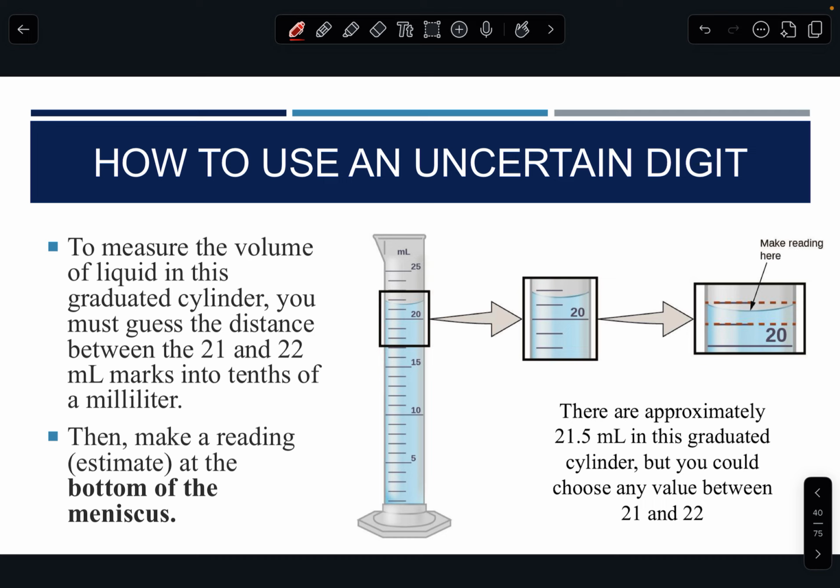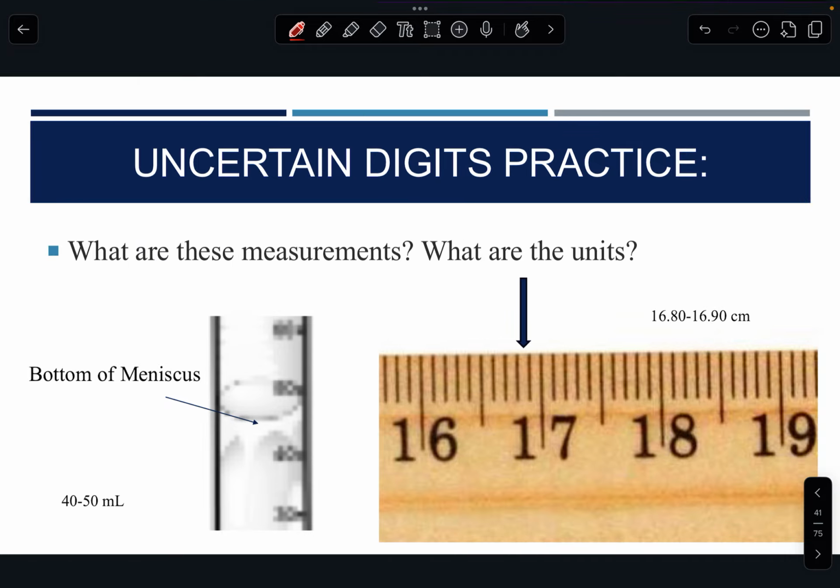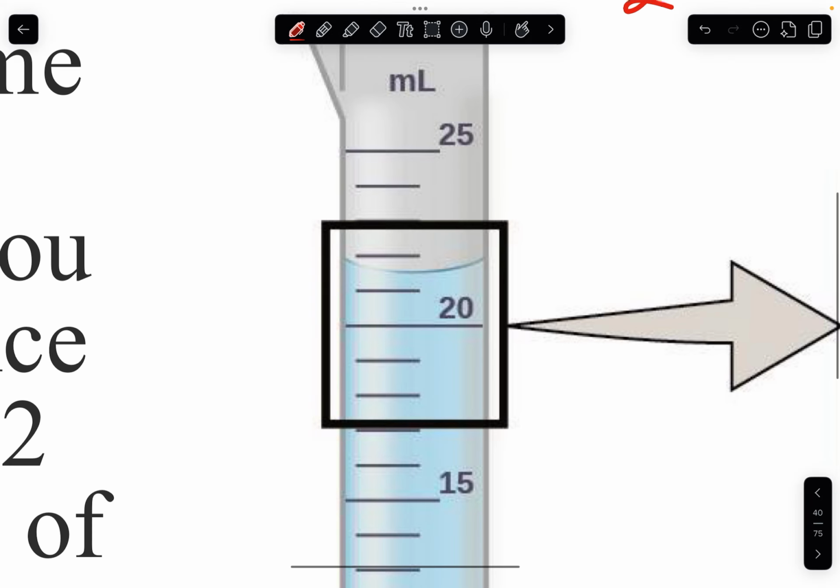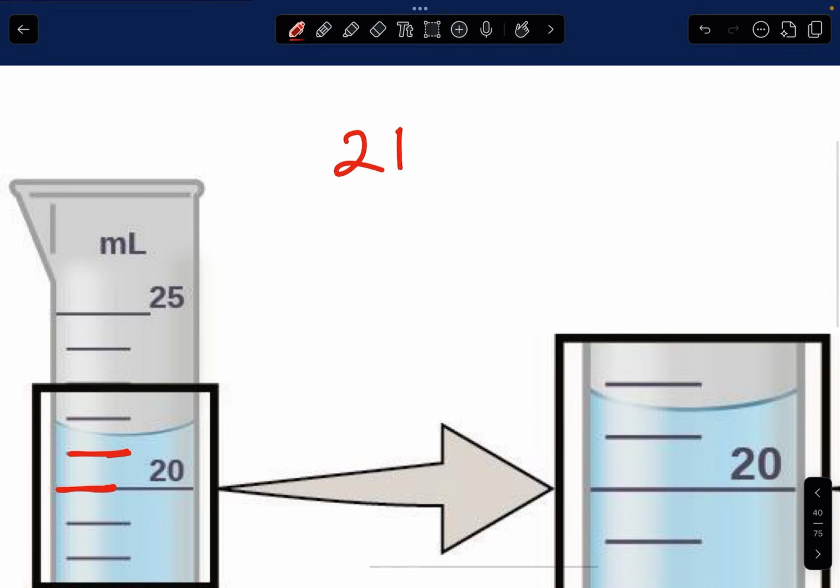And so this is an example of an uncertainty measurement that we have. We can only be accurate to 1/10 of the smallest recording that we have. So if this is milliliters, then we would record the number like this. We could assume that it's 21.5. We know that it's accurate up to the 20 line and the 1 line. That's our smallest number, so 21. And then we're going to add one significant figure to this and take a guess at what it is.